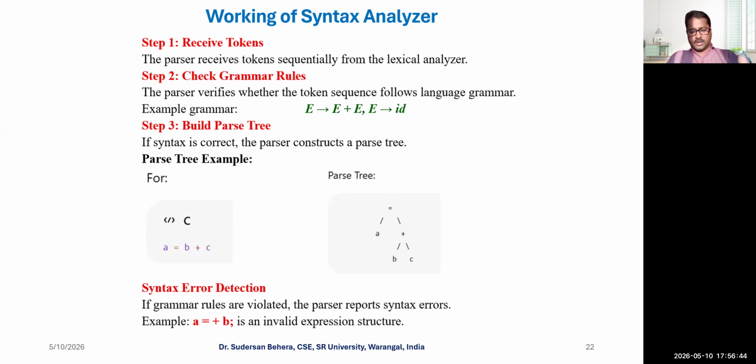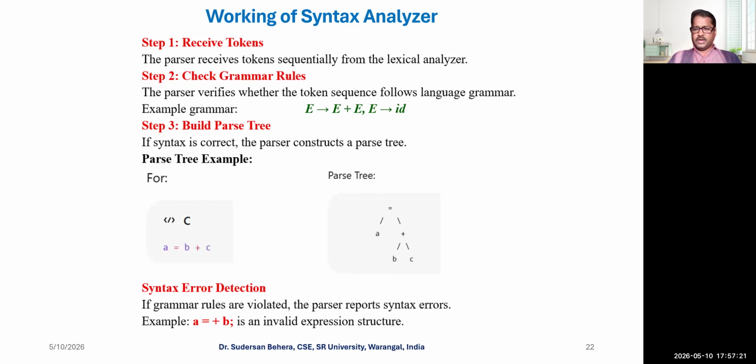After that, it also performs one more step: it detects the syntax error. If the syntax is correct, no doubt it builds the syntax tree. If the sentence is wrong, then it produces an error to the user, saying this is a syntax error. Let us take one example. We are always writing int b semicolon.